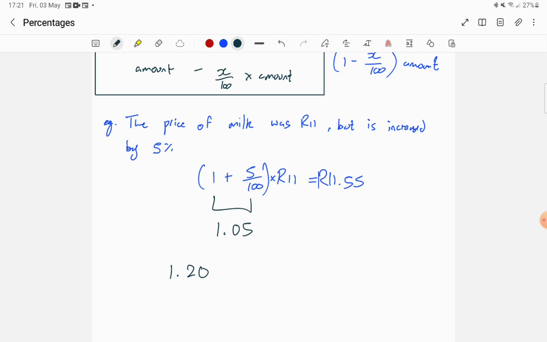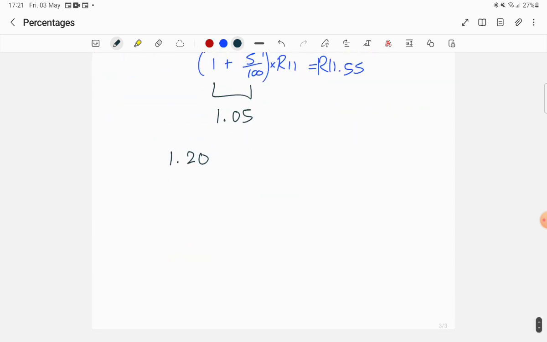And the last part of percentages that you would need to know is the percentage back to whole.